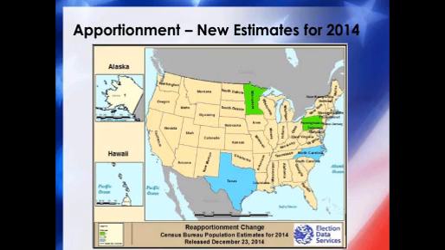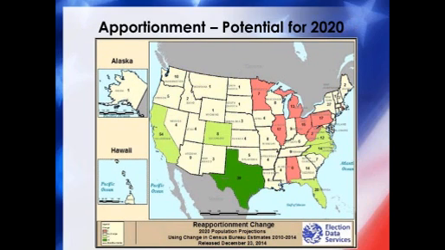The next slide shows taking that trend and projecting it forward to 2020. Indeed, what we see is a continuation of the trend that has happened for multiple decades, where we see states in the Northeast and the upper Midwest losing a seat. Those red-colored states are all losing a single seat, and those seats are going to the South and to the West.